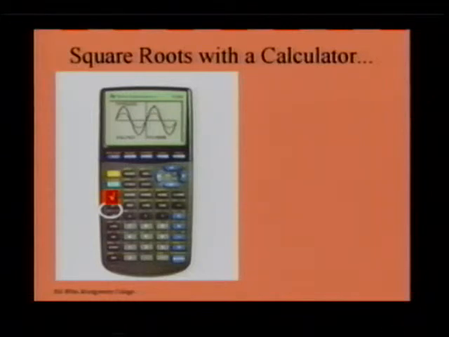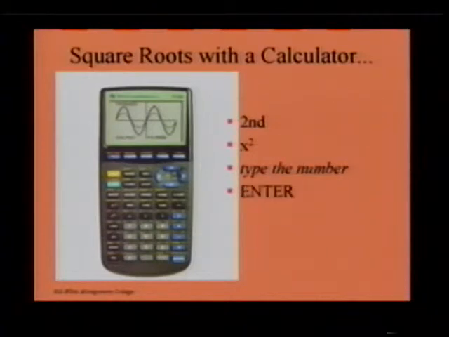So typical steps to taking a square root would be to hit the second button, to hit the x squared, that changes it into a square root button. Type your number, whatever it may be, and then you have to hit enter to tell it that you're done typing the number. Okay? And it'll display for you the appropriate square root.